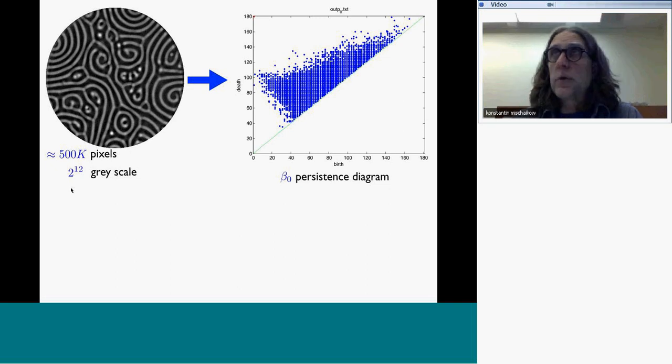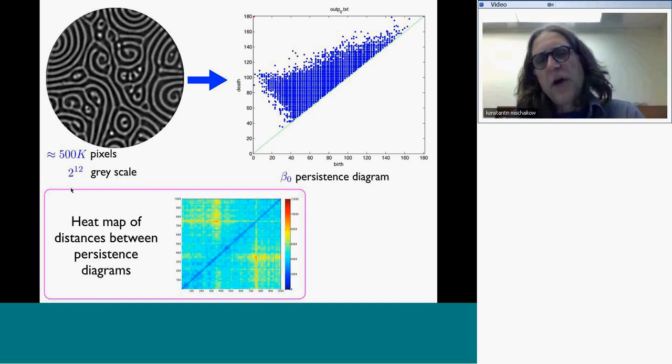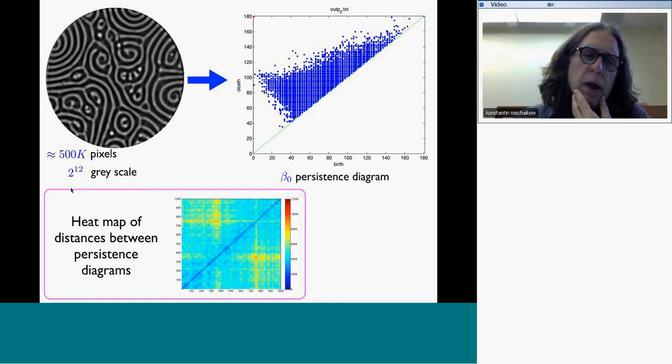We can say, but of course, if I only tell you how fast someone is moving, you don't get a sense of where they're really going. They could be driving around in circles very, very fast, so you'd have a high velocity, but not be going anywhere. So what we're going to do is compute the distance between all persistence diagrams. We've taken 1,000 frames from the movie here, and we've computed the distance between all the persistence diagrams.